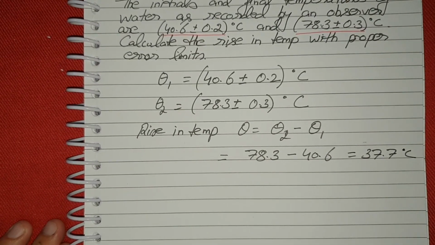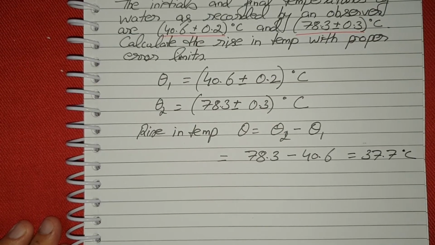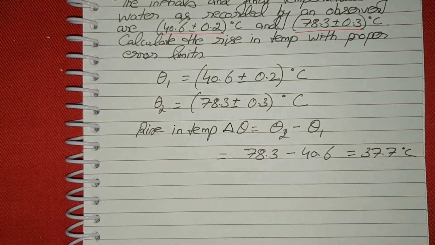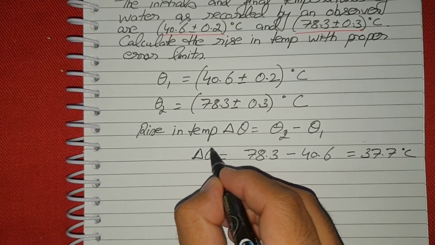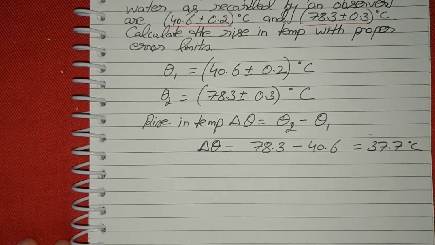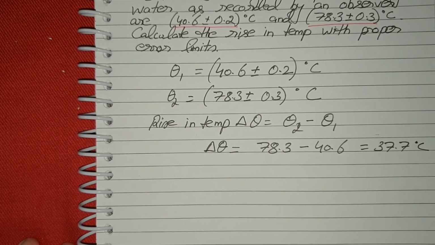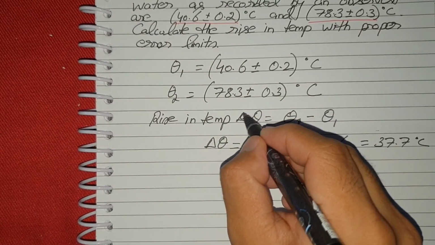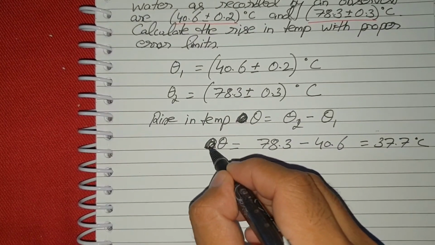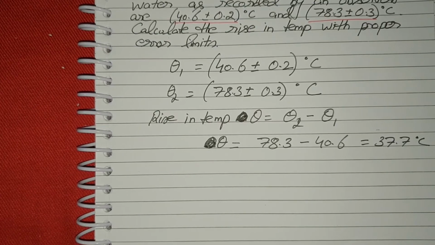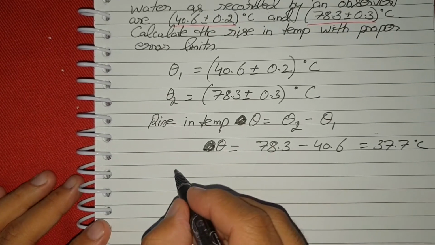Now this is the rise in temperature. Or you can write this as delta theta actually. Okay, no, don't write delta theta, because this is not the difference, this will be theta only, because delta theta we will use to represent the absolute error.